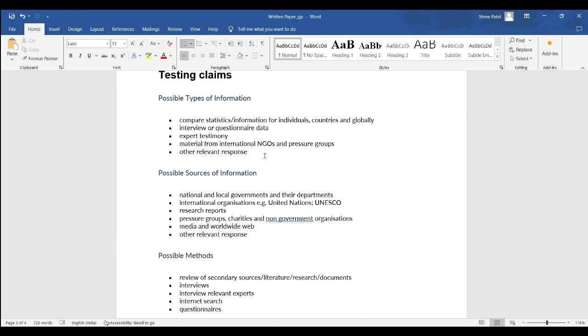For the method, you can say that you would review secondary resources, interview relevant experts, do internet research, as well as questionnaires. You could also hand out the questionnaires to the local people if the question is based on it.